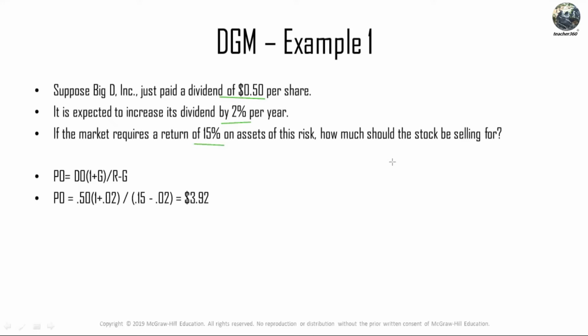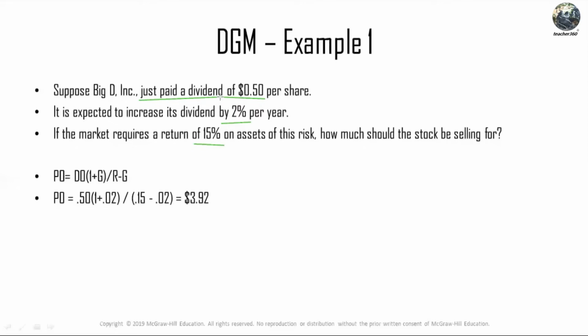So P0 equals D0, the current dividend, multiplied by 1 plus growth rate G, divided by R, the required return, minus growth rate. Your current dividend, here it mentions just paid a dividend. That means it is the year 0 dividend, current year dividend, 0.50.